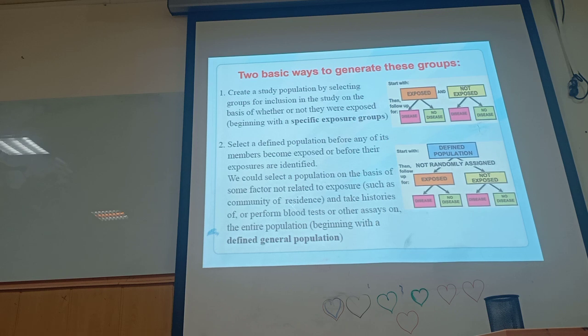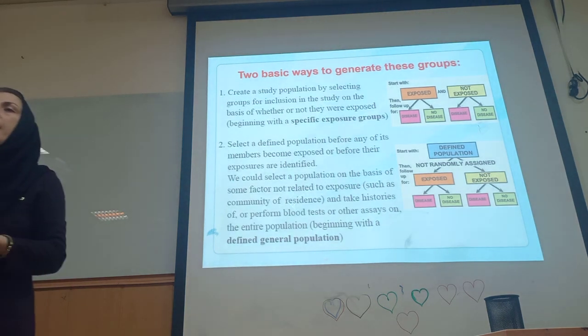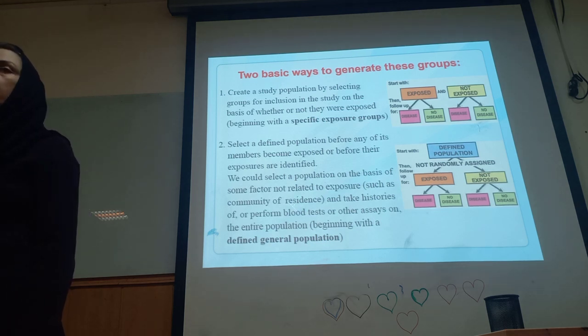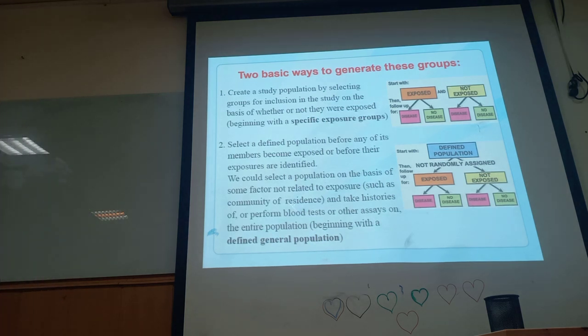Kish residents and ask them about, for example, having diabetes. Diabetes here is our exposure, for example. Some of them are diabetic, some of them are not, and we will follow them to find the incidence of myocardial infarction among them. We want to know if diabetes is a risk factor of myocardial infarction or not.